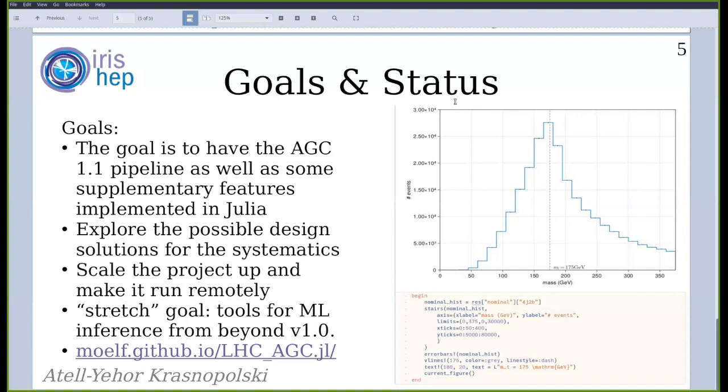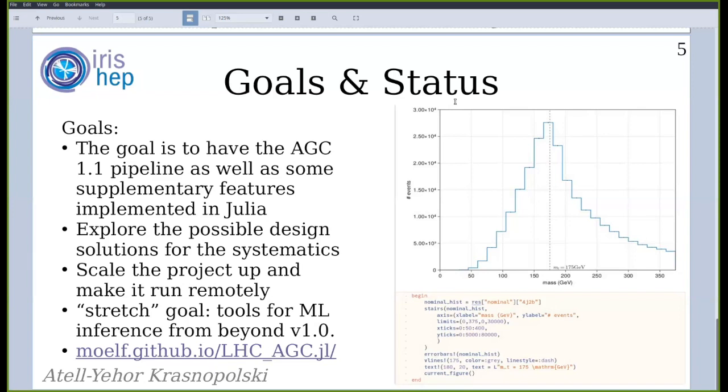That also includes exploring the possible design solutions for the systematic uncertainties handling, which is what we're dealing with now already, and scaling the project up, because we'll be dealing with lots of data, and that needs to operate fast. We also need to run that remotely.